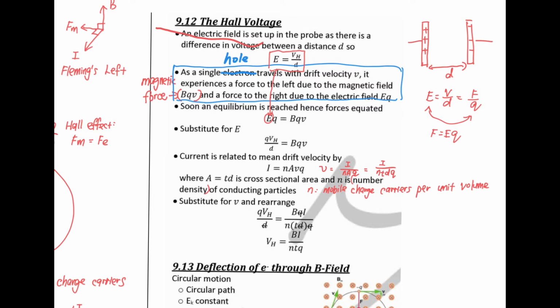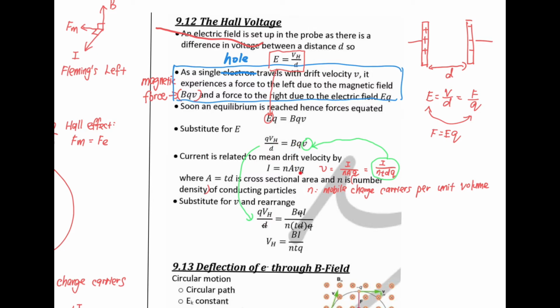Then I'm going to substitute the drift velocity to here. After substituting, you will get this. Okay, so let's continue. Left hand side, QVH over D, same. That is the left hand side.